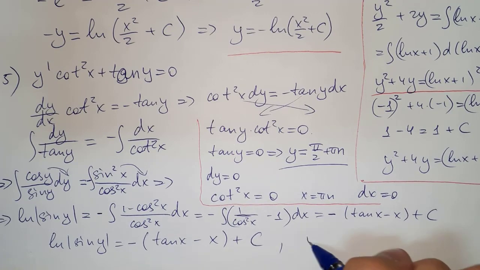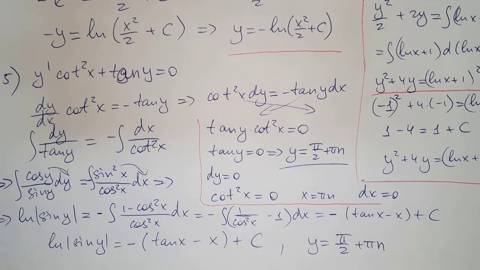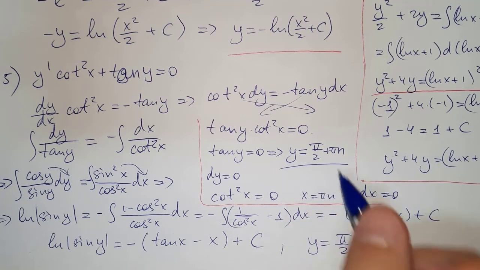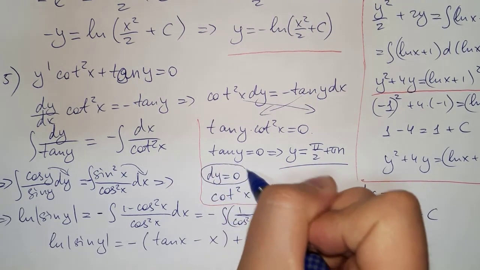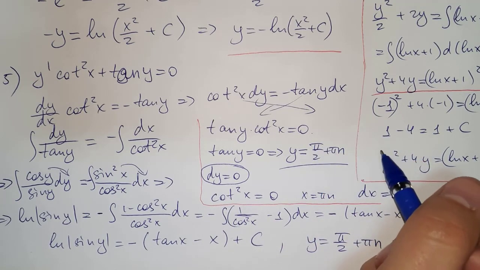And also we have the solution y is pi over 2 plus pi n, because dy is 0 is satisfied here. When we take the derivative, we get 0.